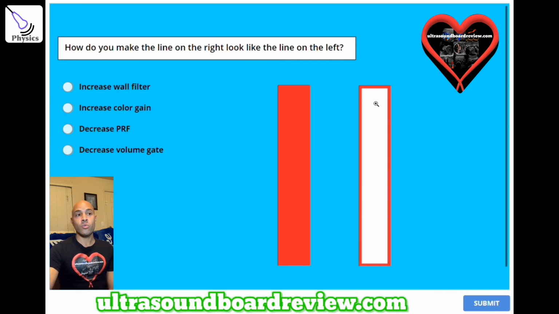One is filled with color, while the other one is void of color. A vessel void of color that is not obstructed is caused when either your Nyquist limit, your scale, your PRF or pulse repetition frequency, and or your wall filter is turned too high. Once you decrease these factors, then you'll start to see more color in your vessel. So the answer is decrease your PRF.